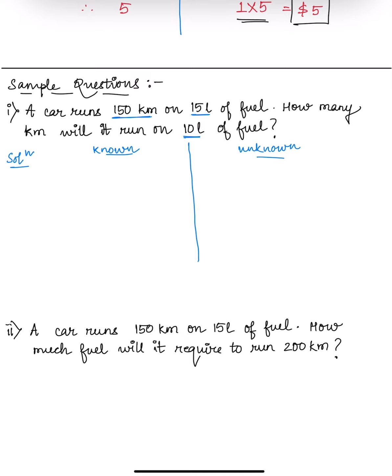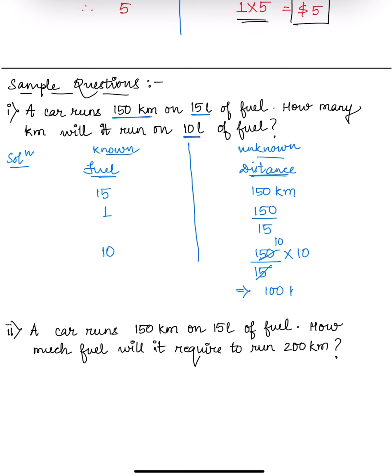So the liters of fuel are known and the distance or the kilometer is unknown. On 15 liters it was traveling 150 kilometers. So if it has 1 liter, it will obviously travel less, so it will be 150 by 15, and now we have 10, so that will be 150 by 15 into 10, which gives us 100 kilometers. This is the correct answer.